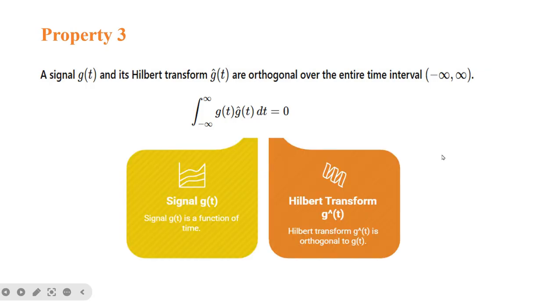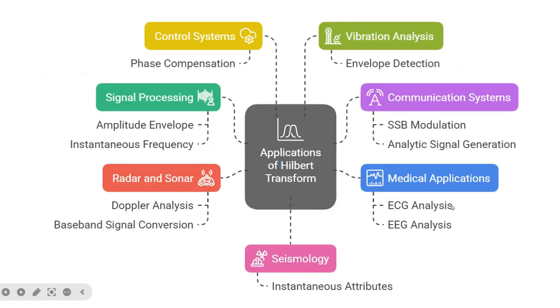Okay, so the signal g of t and its Hilbert transform are orthogonal. When you multiply them over the interval minus infinity to plus infinity, the answer will be 0. So the Hilbert transform g cap of t is orthogonal to g of t.